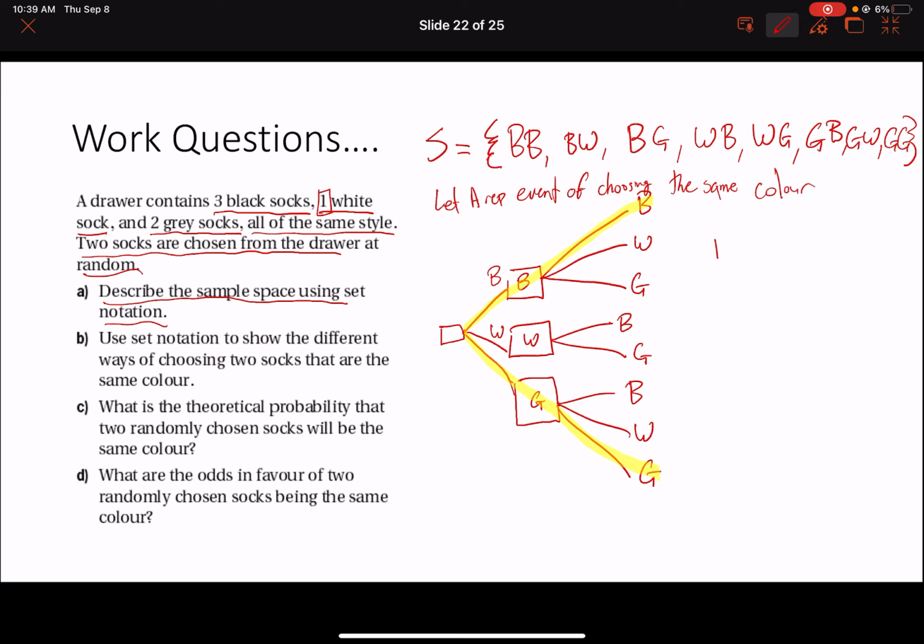Okay, so we have A equals, the set notation is BB, GG. That's it.